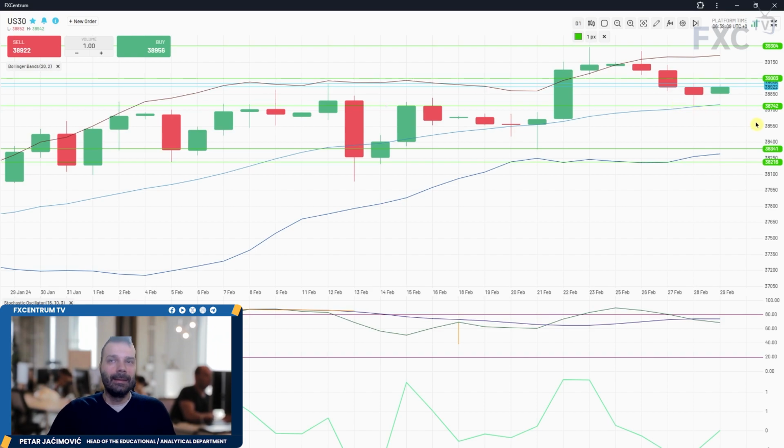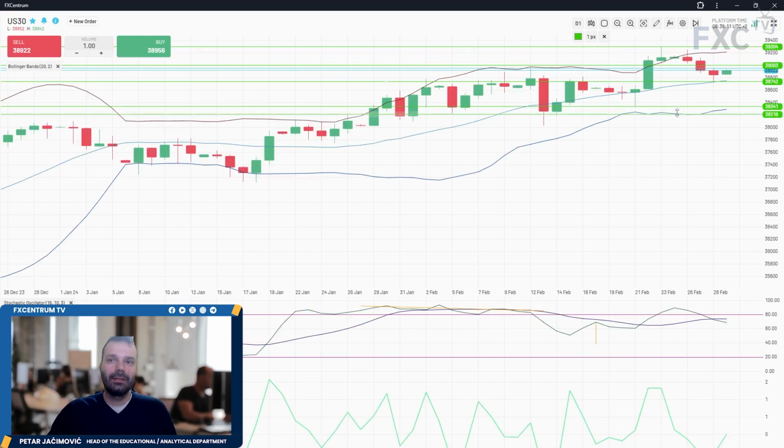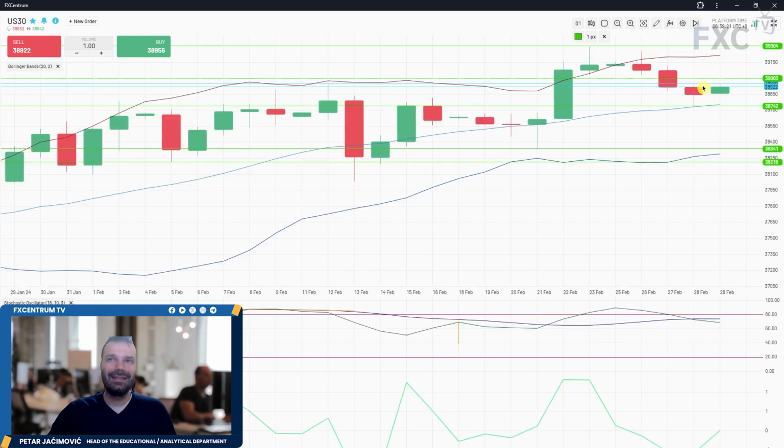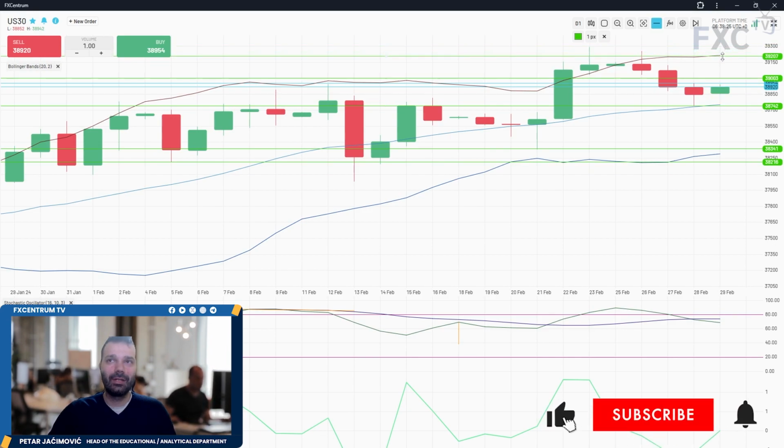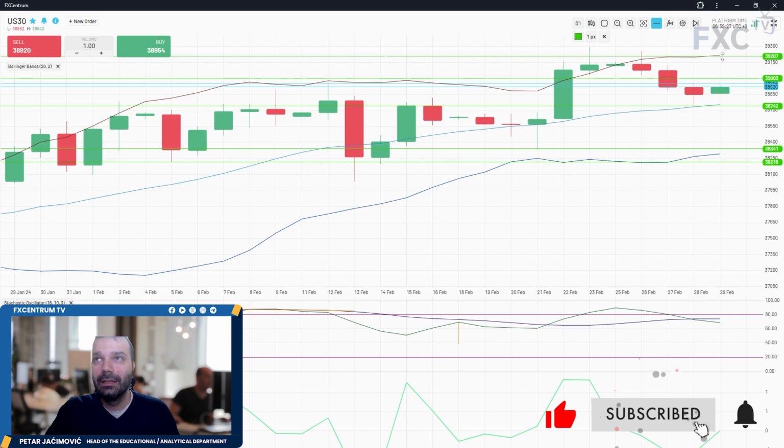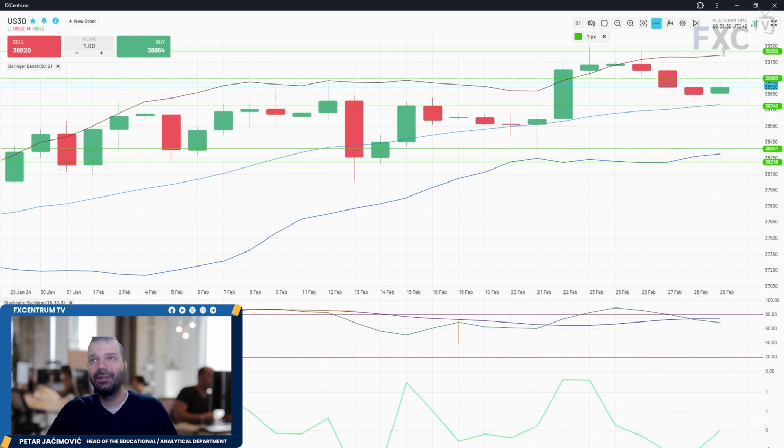Overall, we have this slow line divergence at this point, and this is the reason why I had this down move. But for anything meaningful to the upside, I would really like to see the buyers try and retest 39,200, 39,260 and trade above in order to confirm further upside direction.